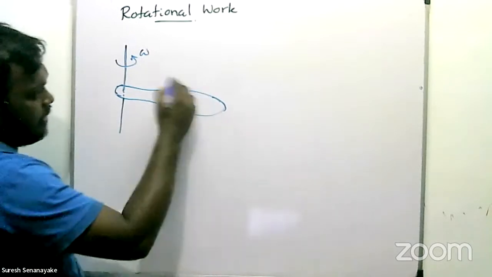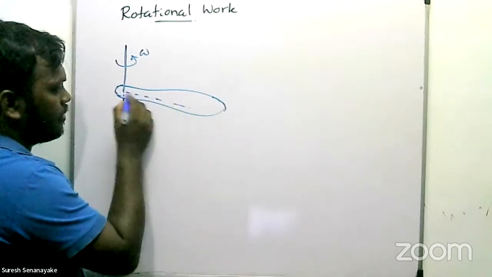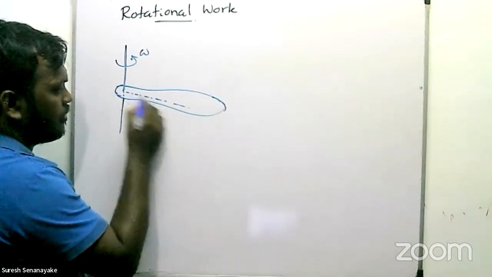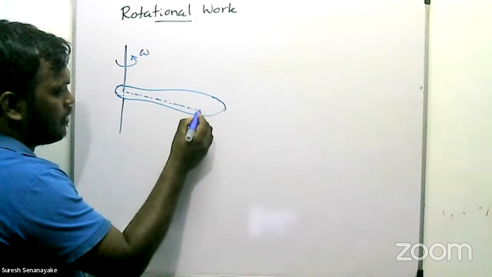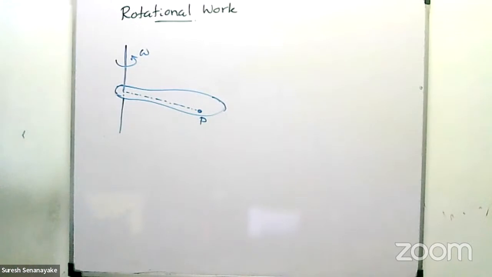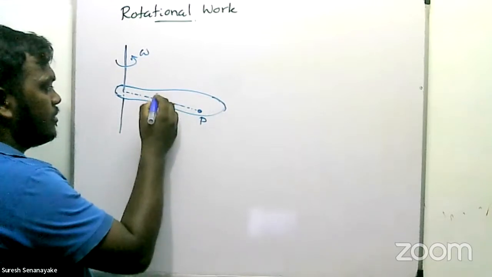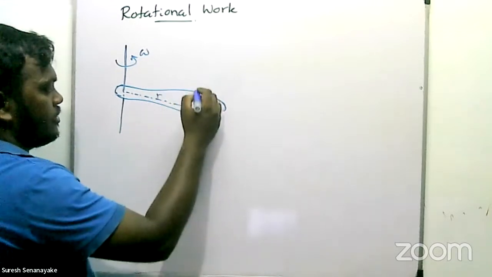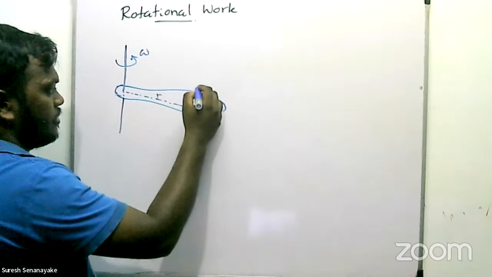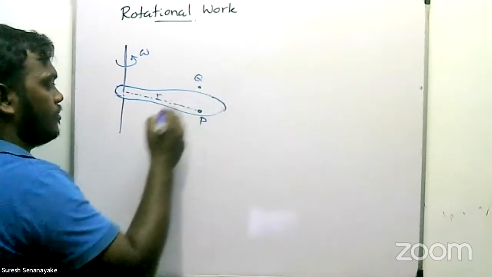And when I rotate this about this point P here, due to the rotation, let's say that point P moves, let's set the distance R, to this point, and now point Q.